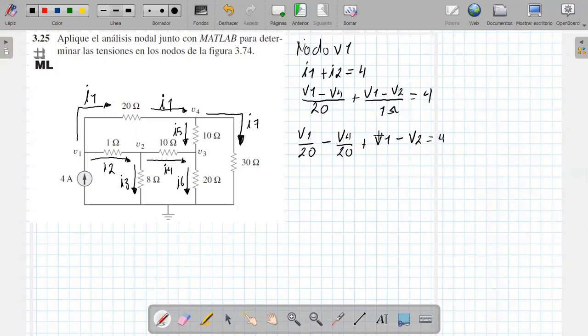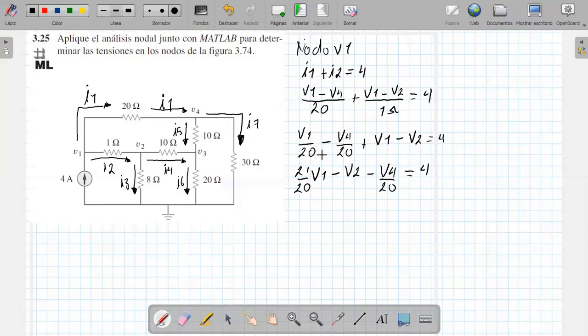If I operate V1 with V1, I will have 21 over 20 V1, less V2. I already have V1 and V2; the last variable I have left is minus V4 over 20. That's going to equal 4.